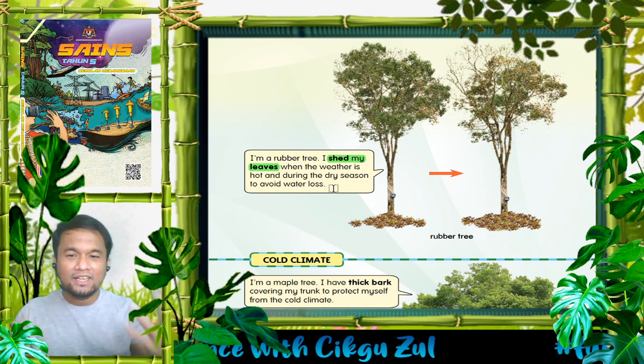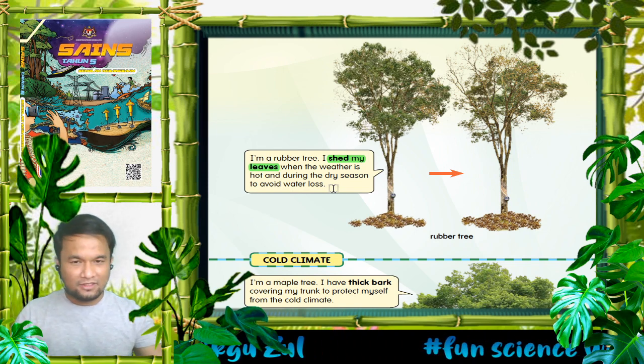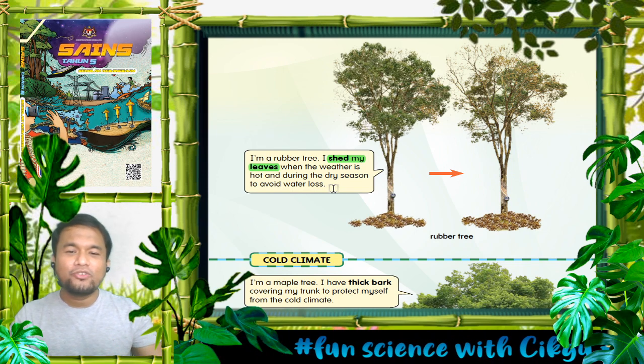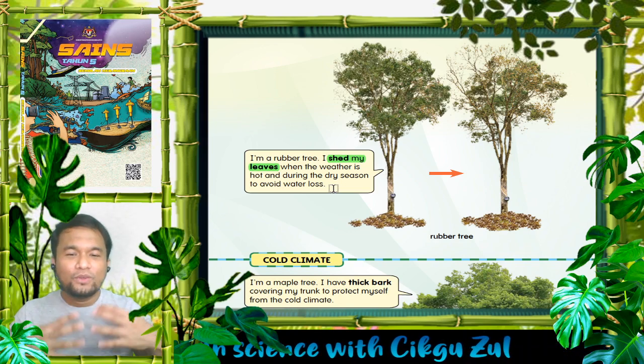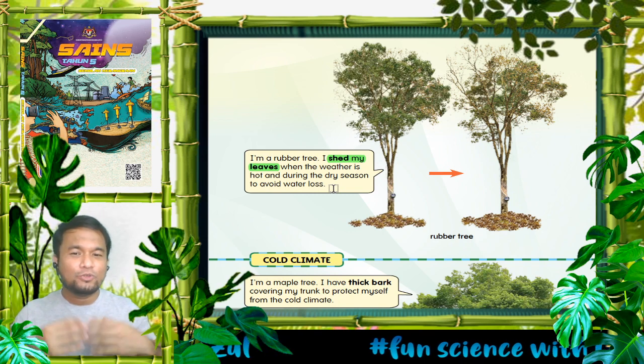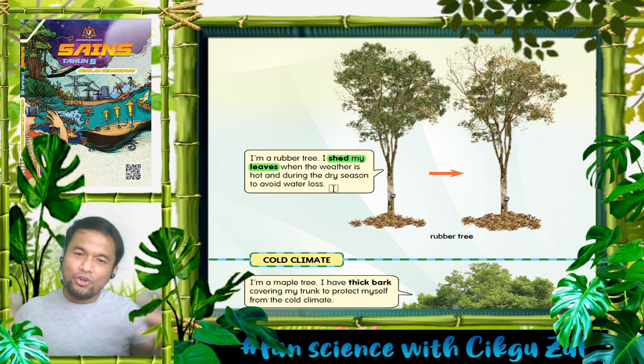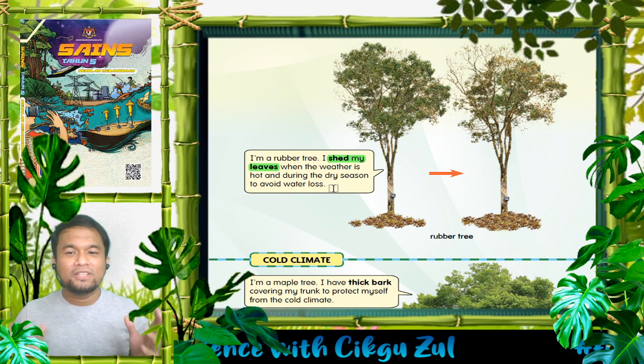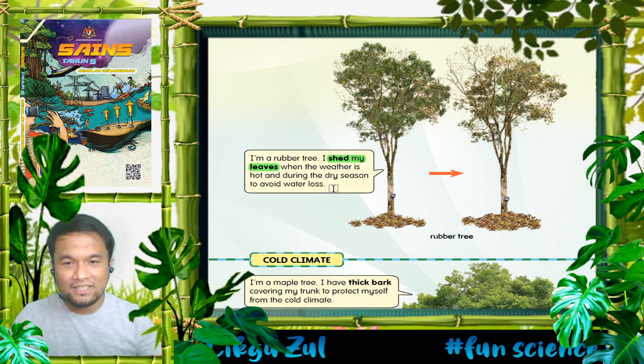Jadi air yang hilang itu semakin sedikit. Nanti when the rain comes again, they will grow more shoots on the tree. Jadi bila hujan datang lagi, dia pun tumbuhkan balik daun-daun dia seperti biasa. It is not dead yet.